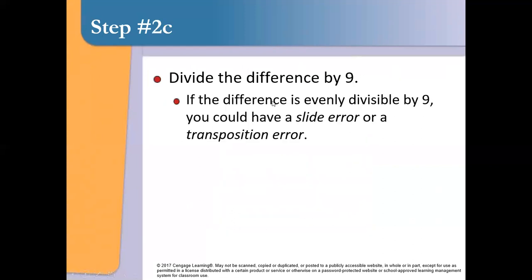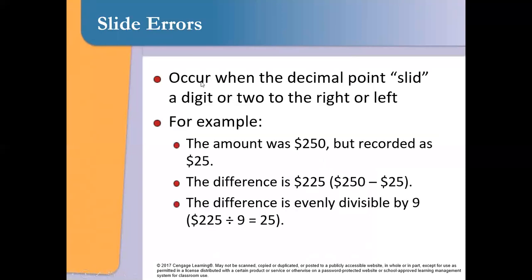We can divide the difference by 9. If the difference is evenly divisible by 9, you could have a slide error or a transposition error. In other words, you put numbers in the wrong place, and instead of 89, you put 98. By dividing by 9, you might be able to find that. Slide errors occur when the decimal point slid a digit or two to the right or the left.